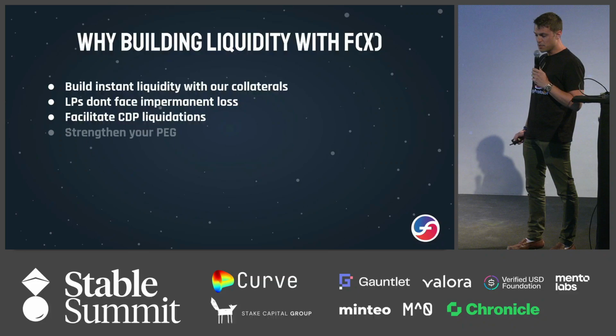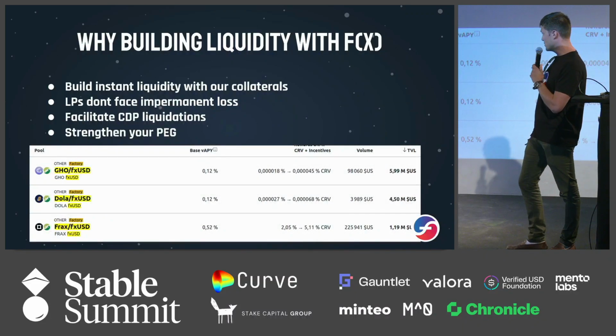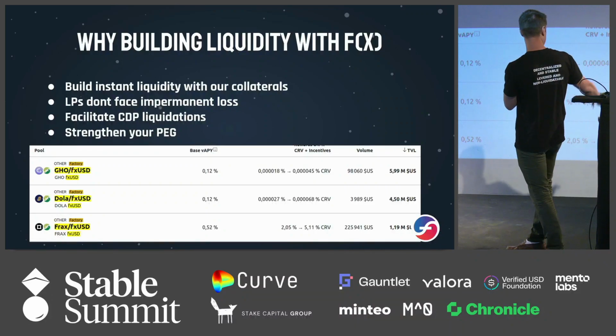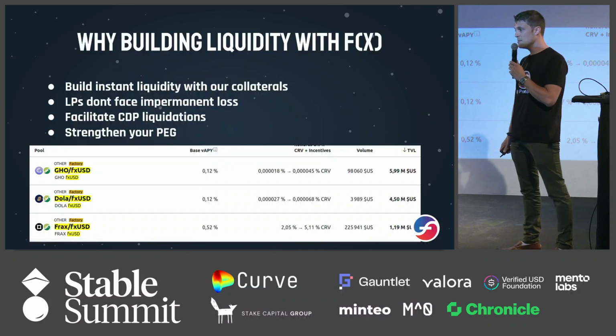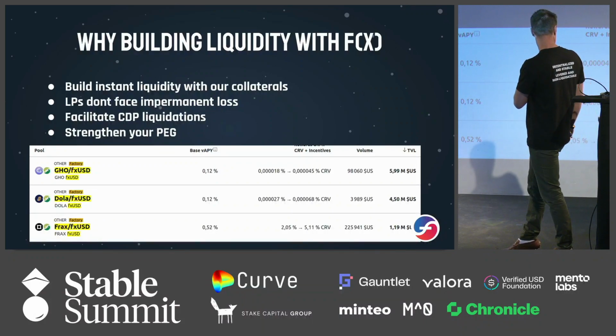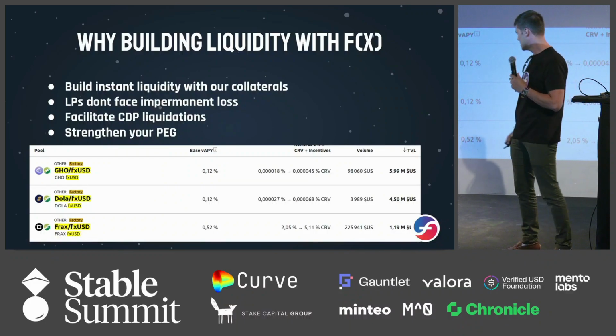And that's probably the reason why other major stablecoins built pretty decent liquidity with FXUSD, such as GHO, for instance, which has something like a 6 million USD pool on Curve. Dola did a pretty good pool as well with 4.5 million, and Frax is following with a little over $1 million.